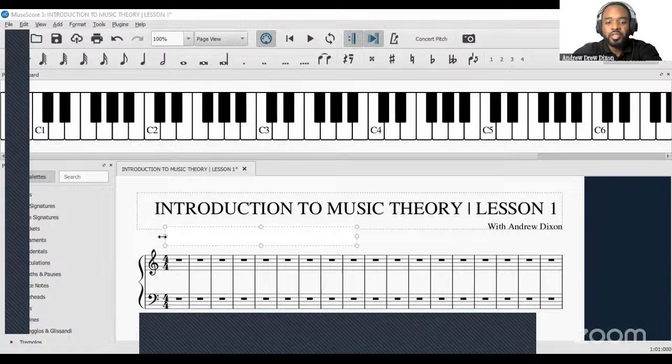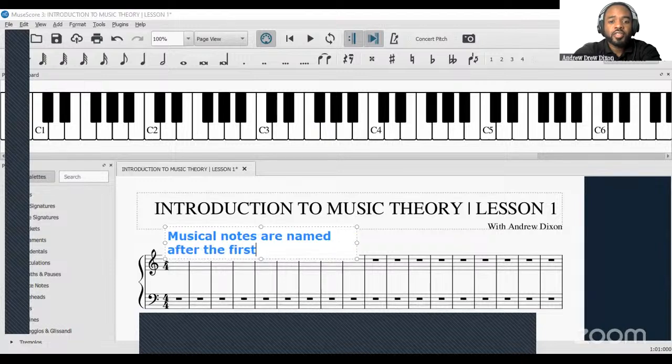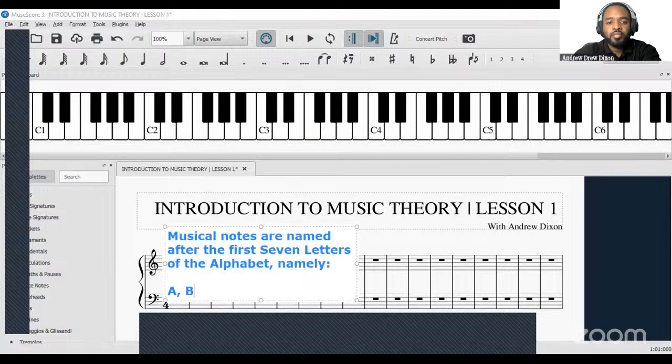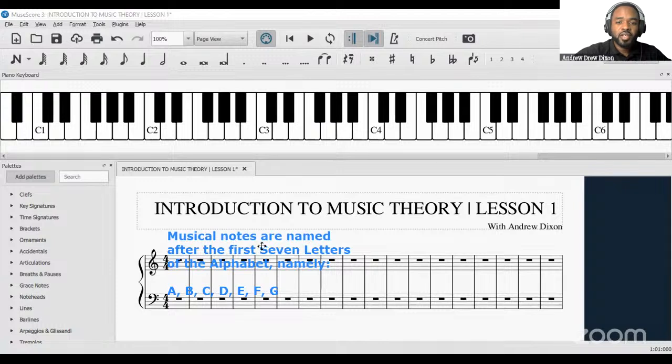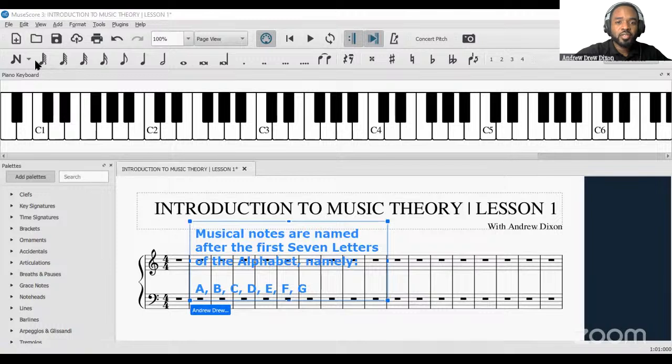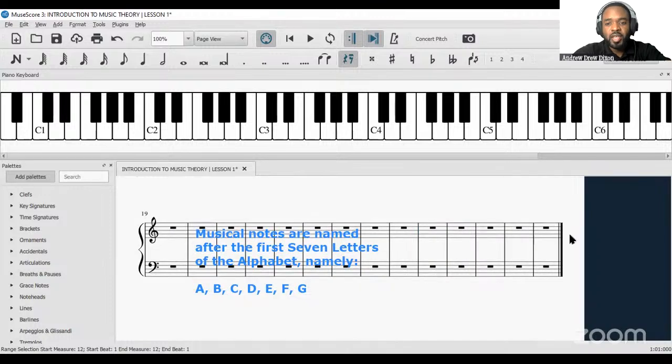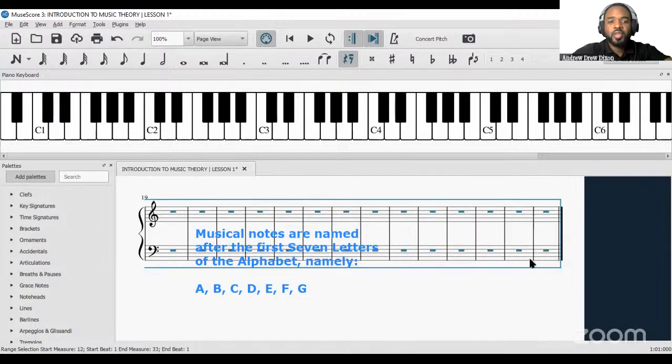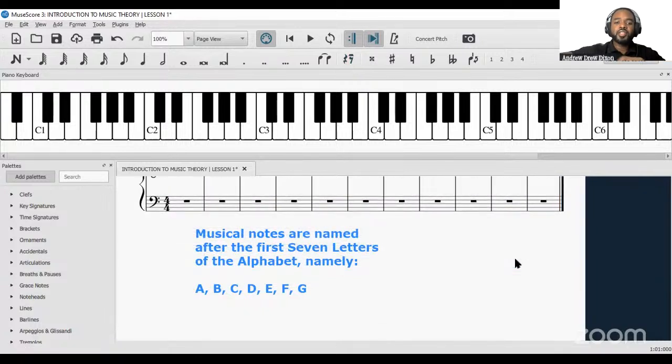Let me write this sentence on the screen. Musical notes are named after the first 7 letters of the alphabet, namely A, B, C, D, E, F, and the final one is G. All right, musical notes are named after the first 7 letters of the alphabet, and that will be from A to G. I'm going to just create some more space so you can see the words.